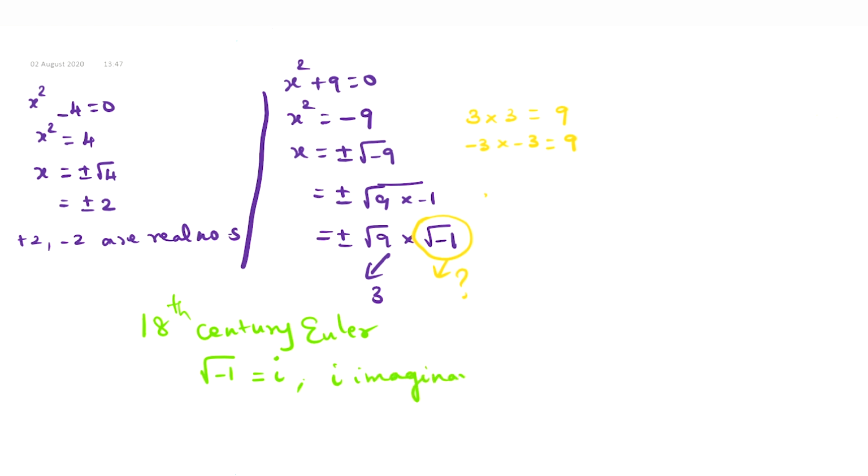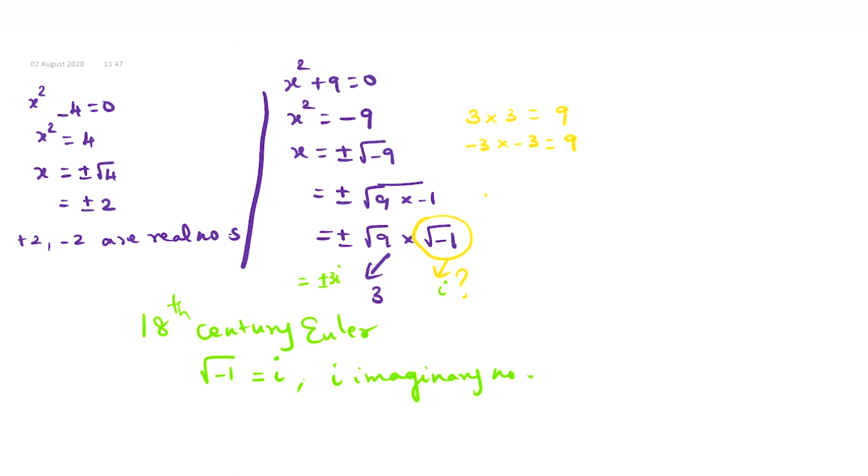Wow! Now we have a very nice solution for this question, right? So root of minus 1 can be written as i. So finally I get the answer as plus or minus 3i.